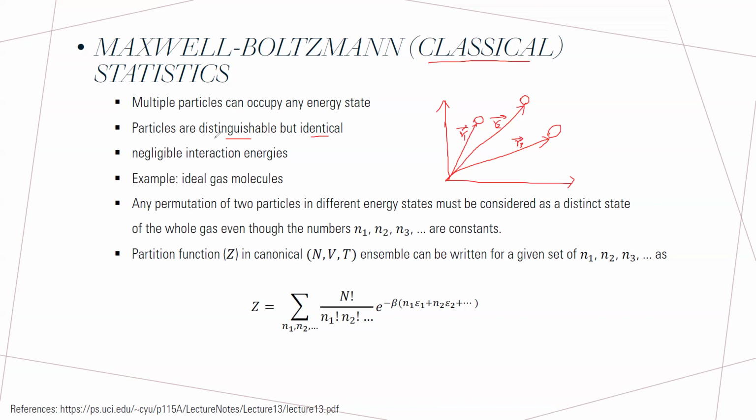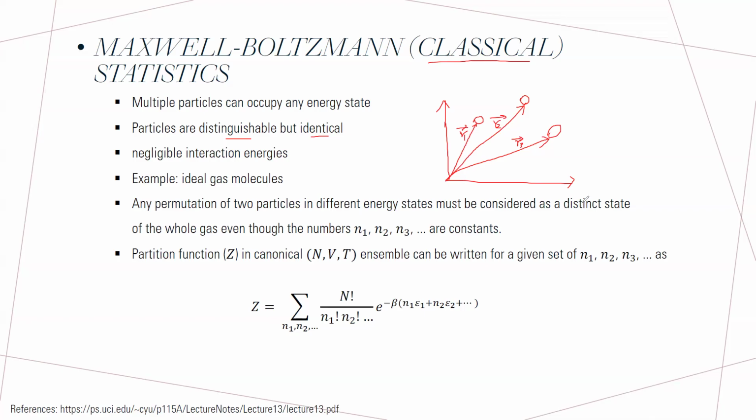Any permutation of two particles in different energy states must be considered as a distinct state of the whole gas, even though the numbers N1, N2, N3 are constant.